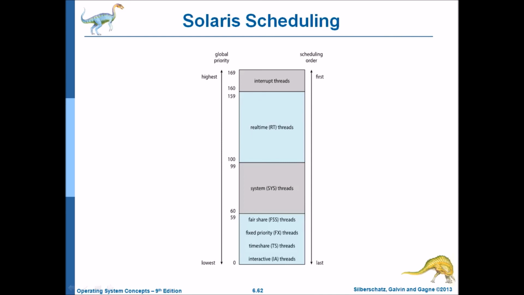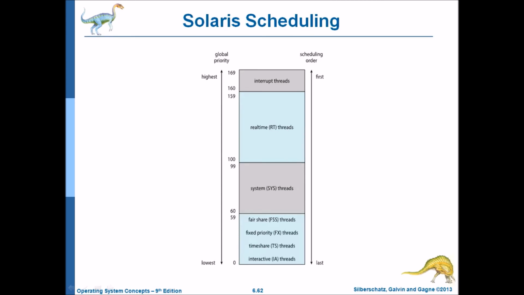So the figure illustrates how the six scheduling classes relate to one another and how they map to global priorities. We could notice that the kernel maintains 10 threads for servicing interrupts, from 160 to 169.